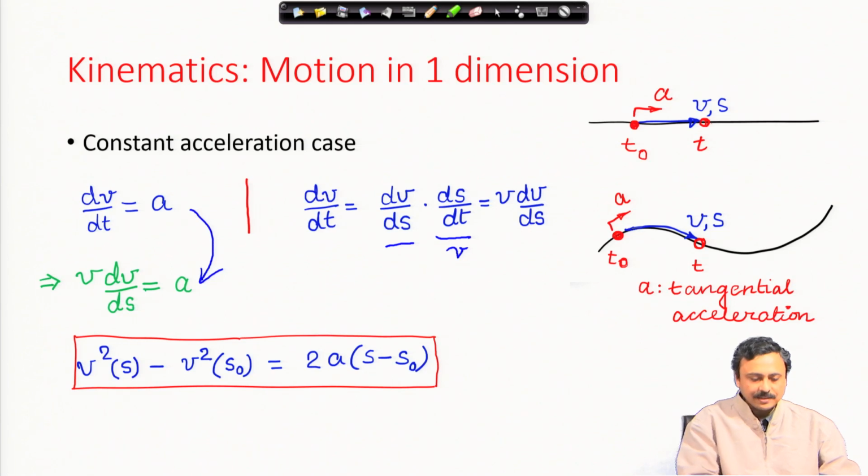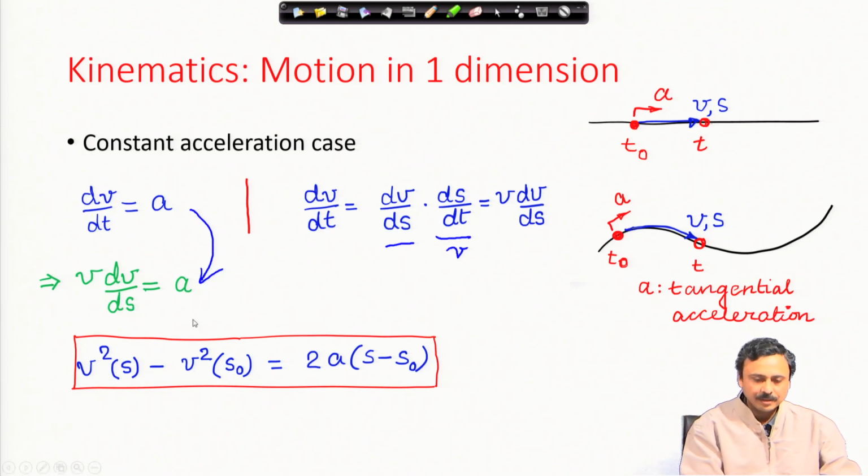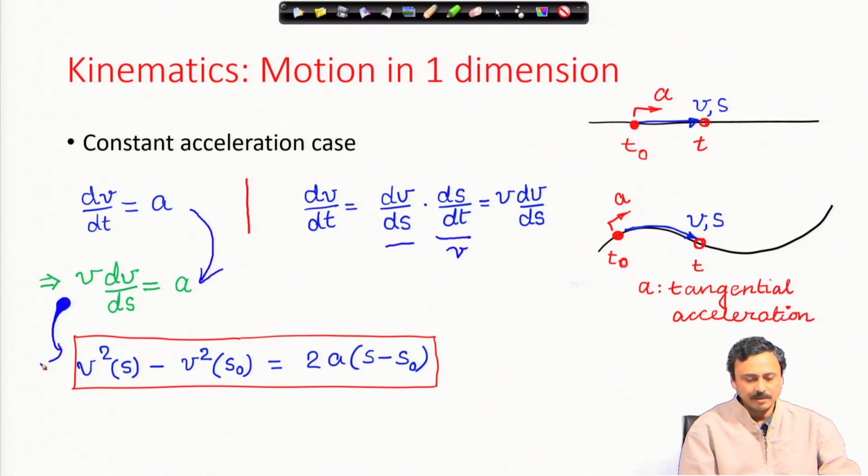Now if I write acceleration like this, and because acceleration is a constant, I can integrate this equation, and obtain v squared at s minus v squared at s0, which is the initial velocity at location s0, equal to 2a times (s minus s0). This is a straightforward integration.